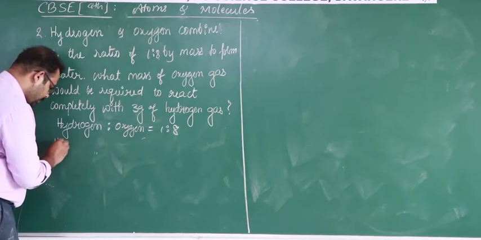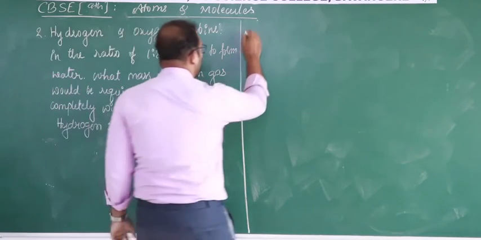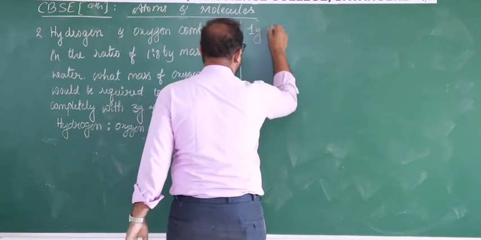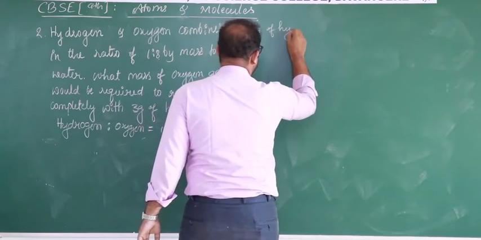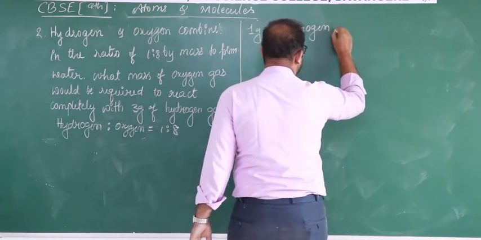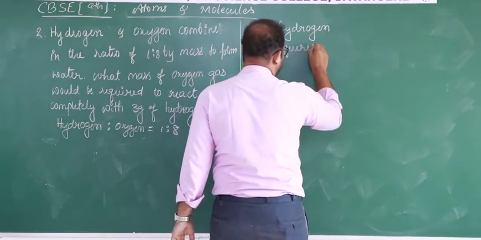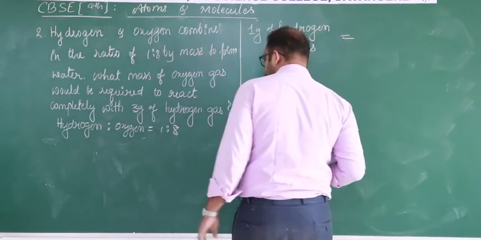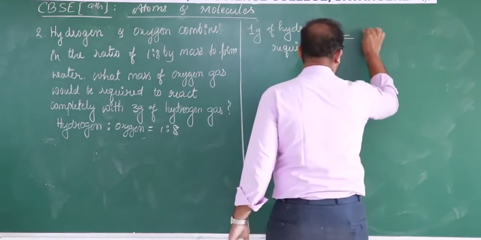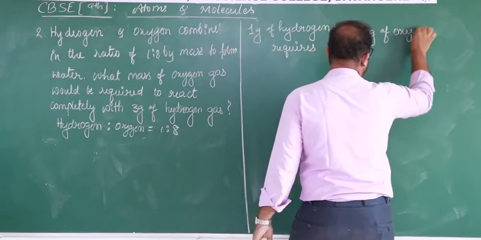We'll solve this here. 1 gram of hydrogen requires how much oxygen? 8 gram of oxygen.